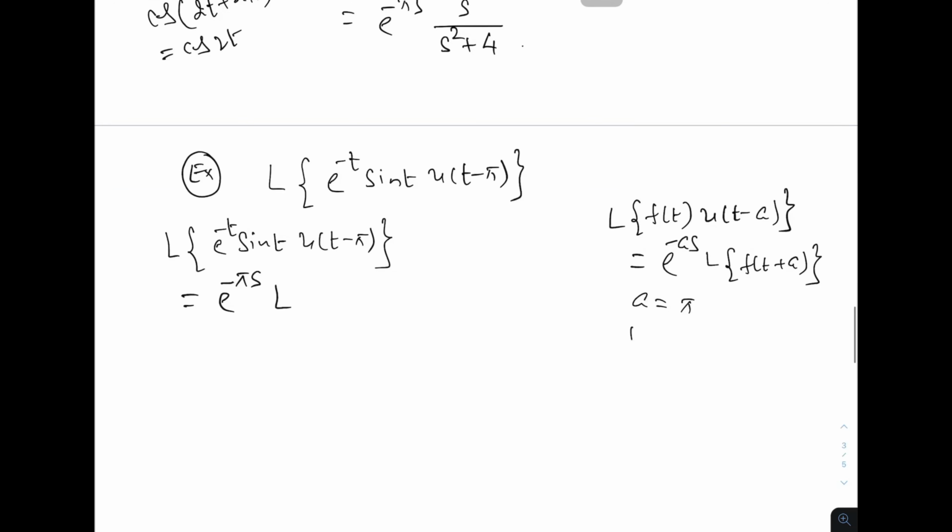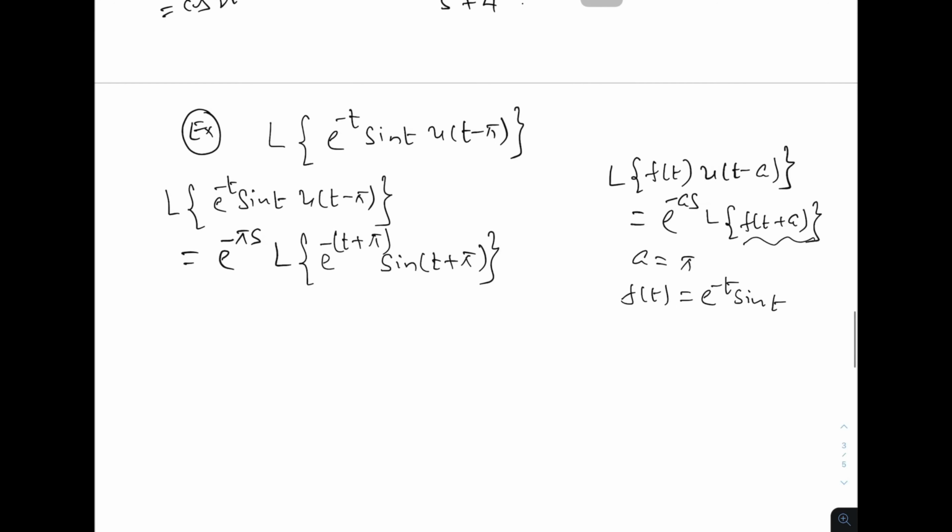So Laplace transformation of f of t plus a. So a is pi, so e power minus t plus pi, sine of t plus pi. Not difficult.